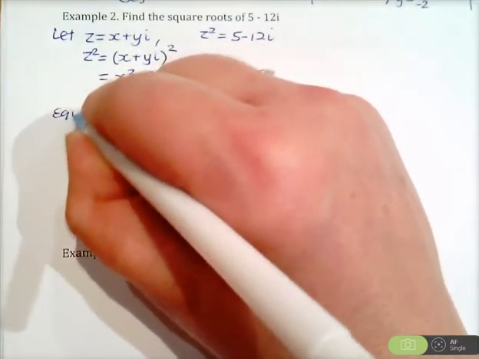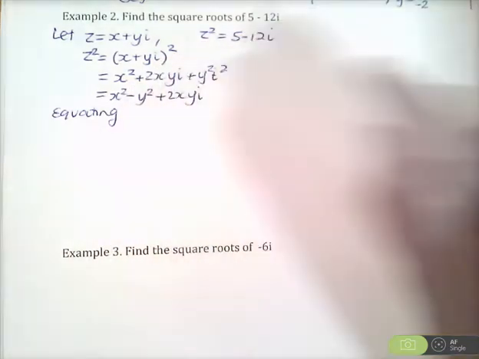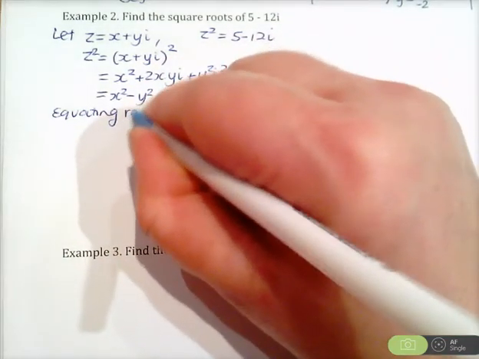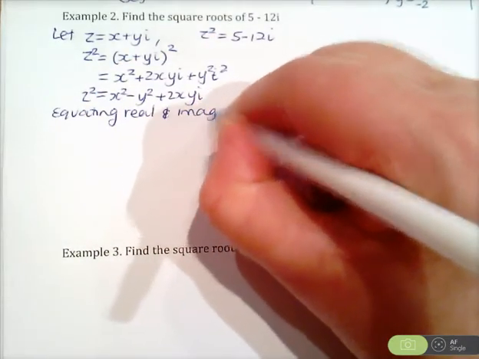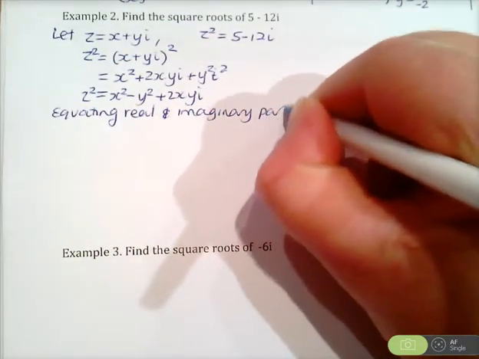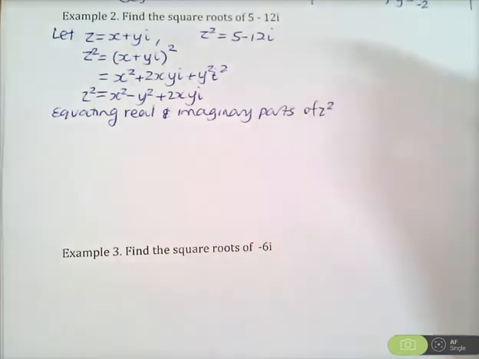Now we can say equating real and imaginary parts of z squared. You don't have to call them equations 1 and 2 if you don't want to.